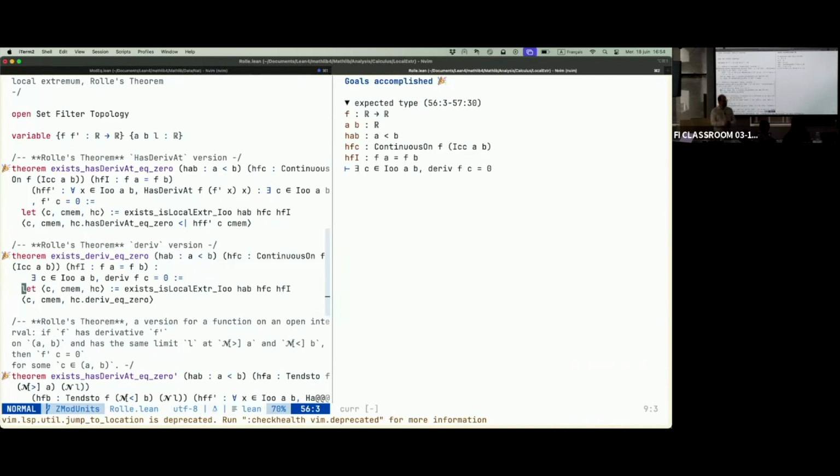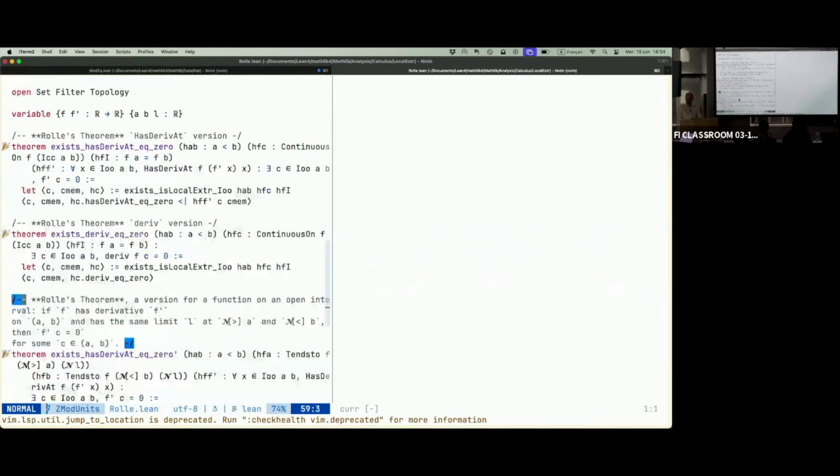But for Lean, the function deriv f is defined by: if the function has a derivative at x, then give the derivative, otherwise put 0. So you don't need to assume that it is differentiable everywhere.